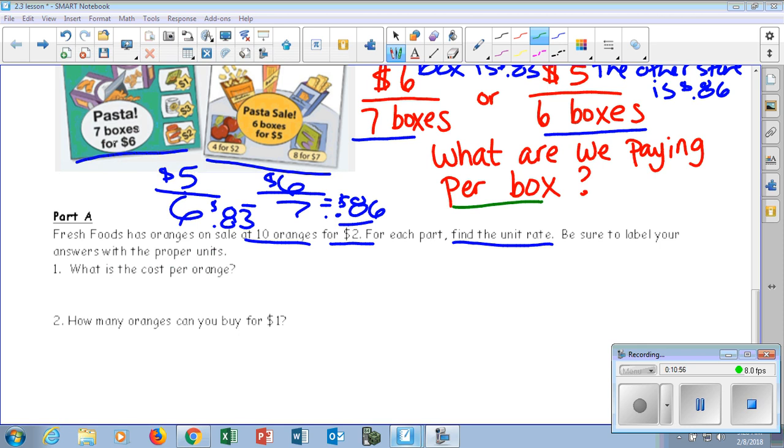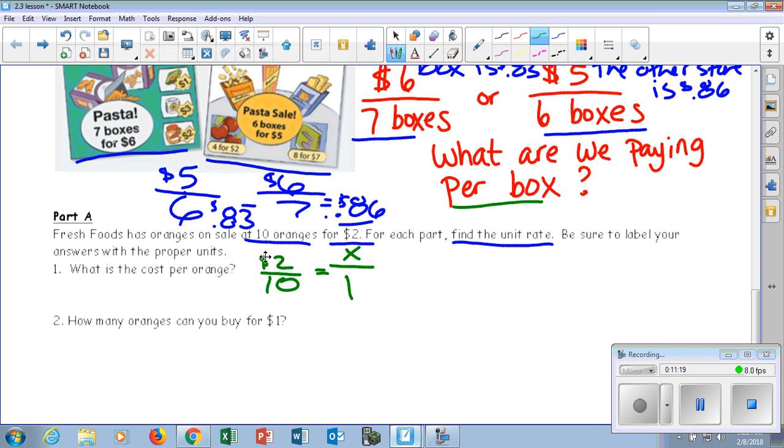Okay, so you want to do $2 divided by 10, and that would equal 0.2. Can we do a proportion like this? Yes. And so you said you got 20 cents? Yeah, or 0.2. Okay, exactly.